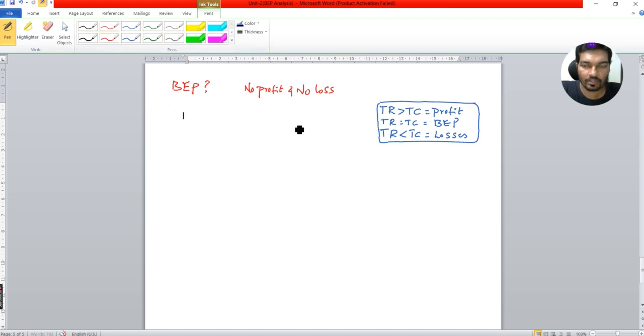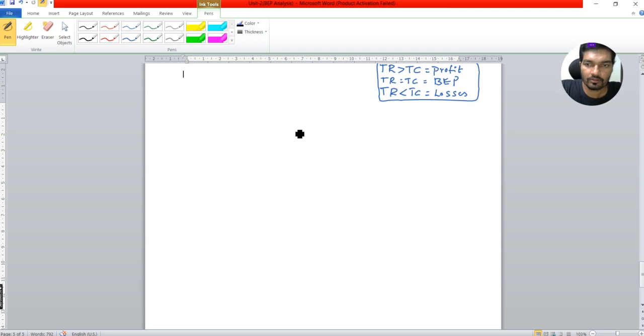So basically, to calculate the break-even point, we have two methods available.